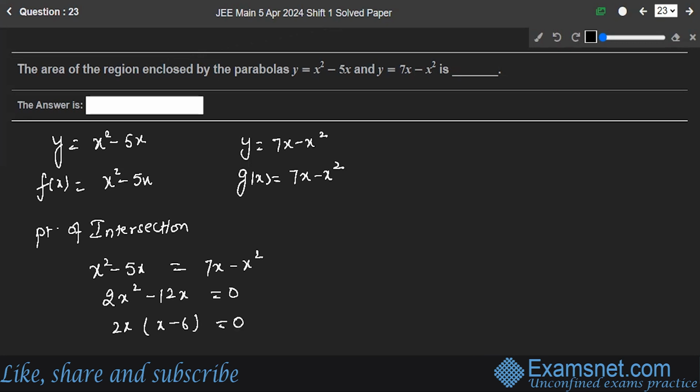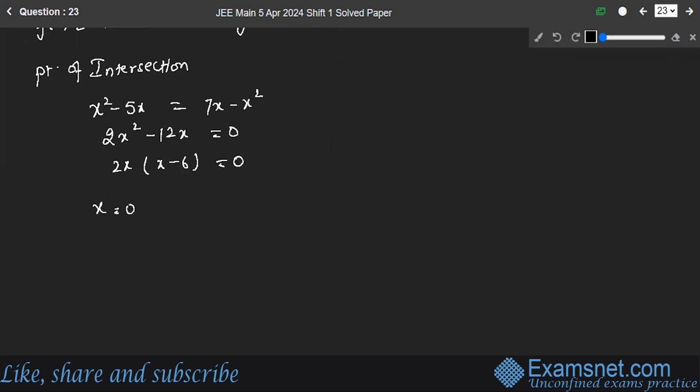So the 2 points for x are 0 and 6. The corresponding y points, y is equal to x square minus 5x. So here the y will be 0, and for x equals 6, 36 minus 30, which is again 6. So these are the 2 points of intersection.